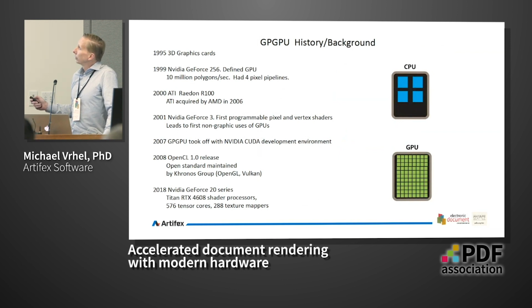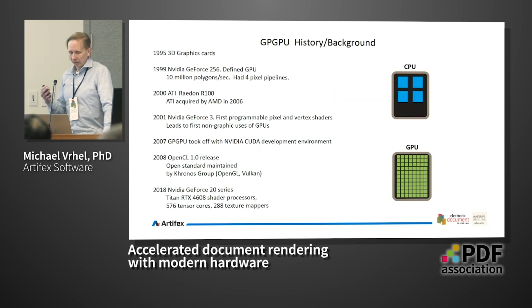The difference, of course, is that with the CPU I may have a few cores; with the GPU I may have thousands. This recent NVIDIA device that came out has over 4,000 shader processors on it. So I've got this tremendous processing power available to me, and this is on most desktop machines; my laptop even has an NVIDIA GPU.